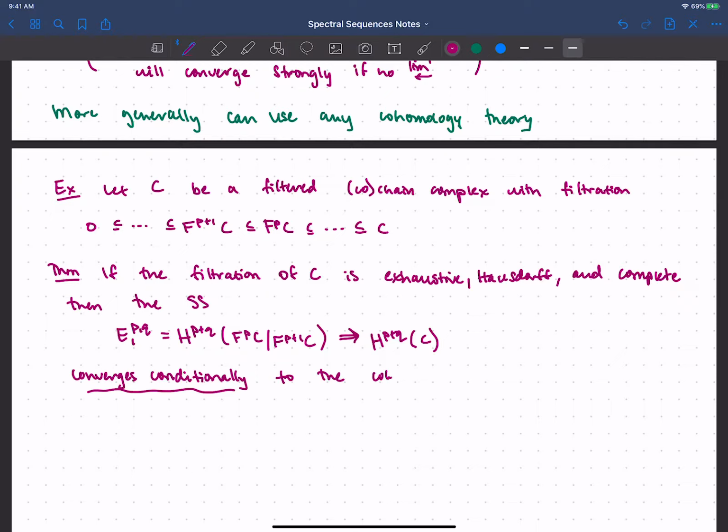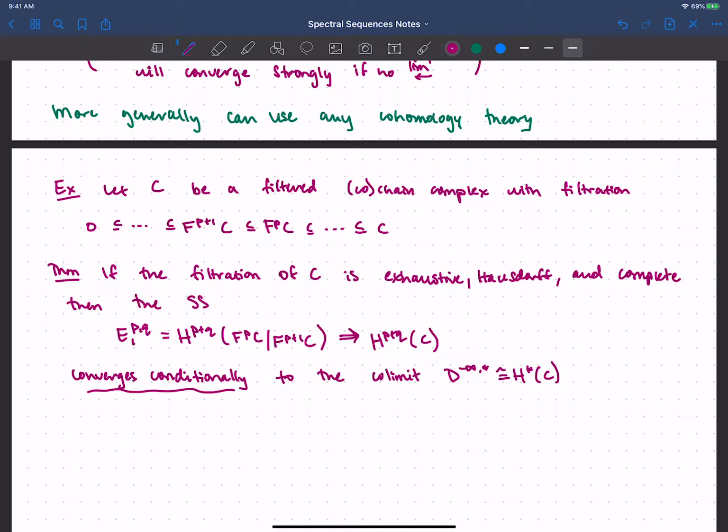Well, to the colimit. So as usual, that's my d minus infinity star. And we can identify that with the cohomology of our chain complex. And that's really just because colimit is exact.